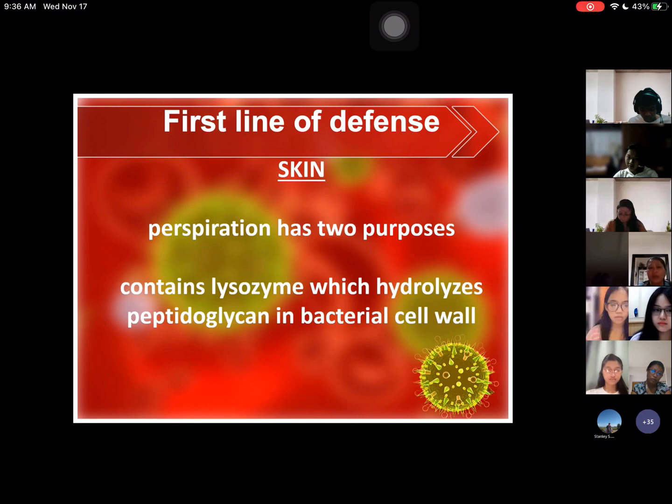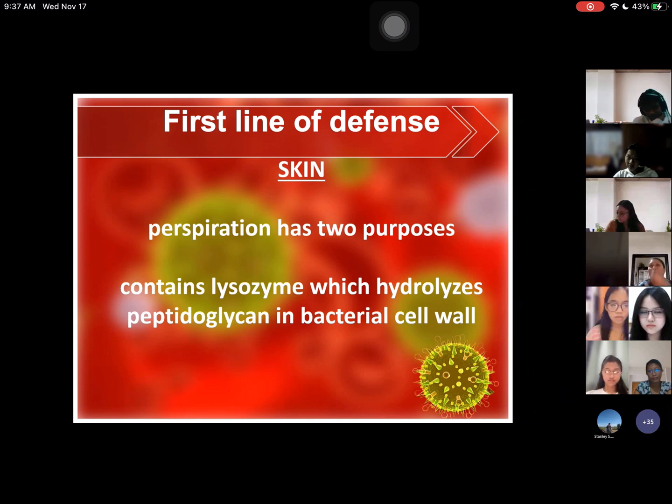When there is water, it actually breaks down. It destroys the integrity of the cell wall, which has the peptidoglycan. So the lysozyme has an antibacterial property.